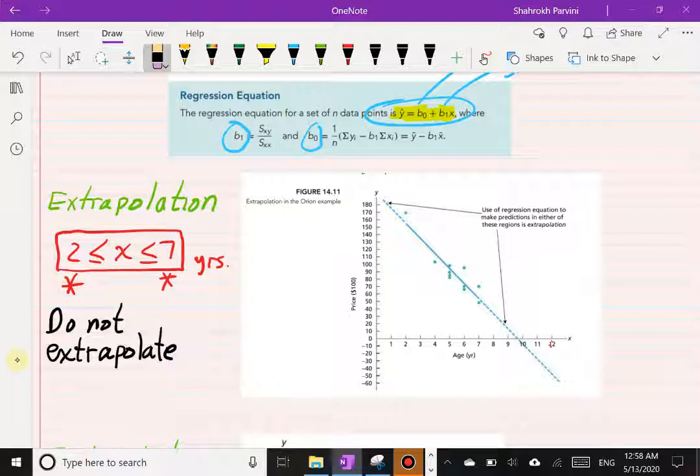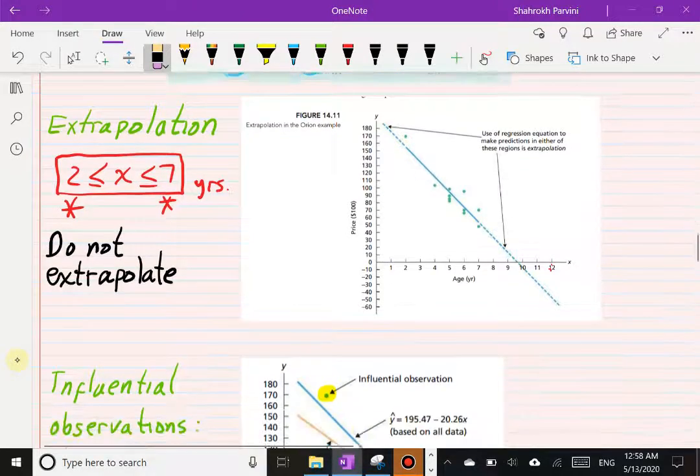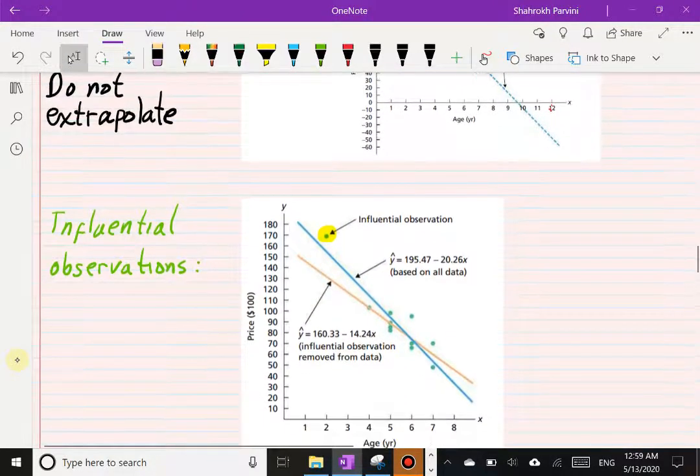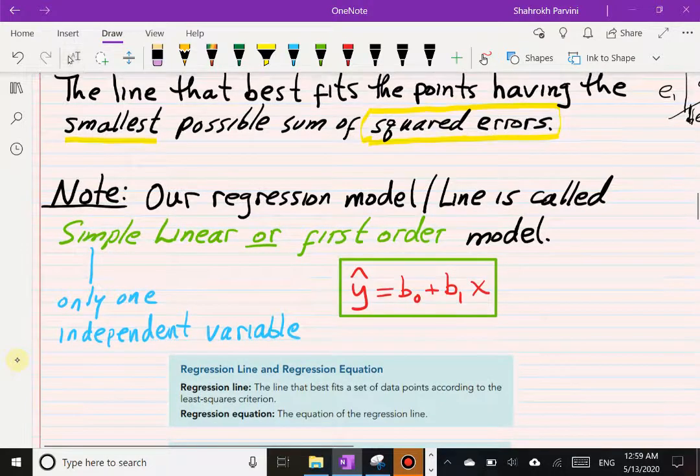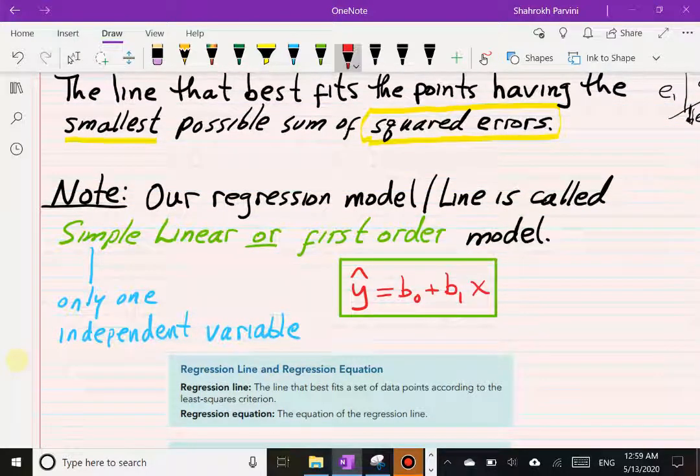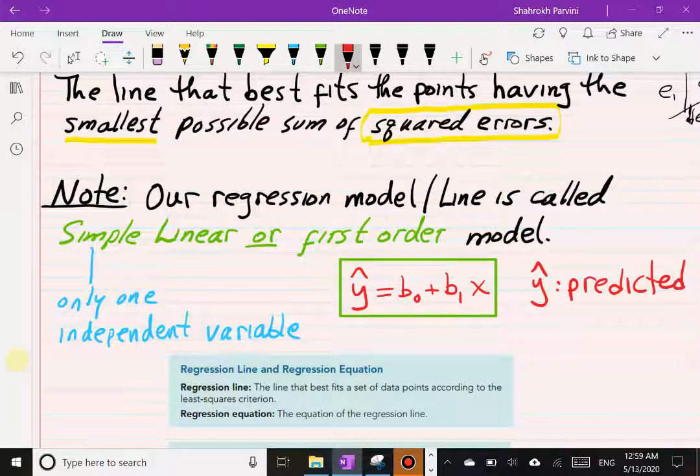Interpolation is fine. It means from, in this example, again, from 2 to 7, we can interpolate and get the price of the Orion. And what we are predicting, by the way, here, y hat, let me write this here for you. I know y hat is the predicted value. That's the very generic term, predicted value. But more specifically, what we're predicting is really the average y value.